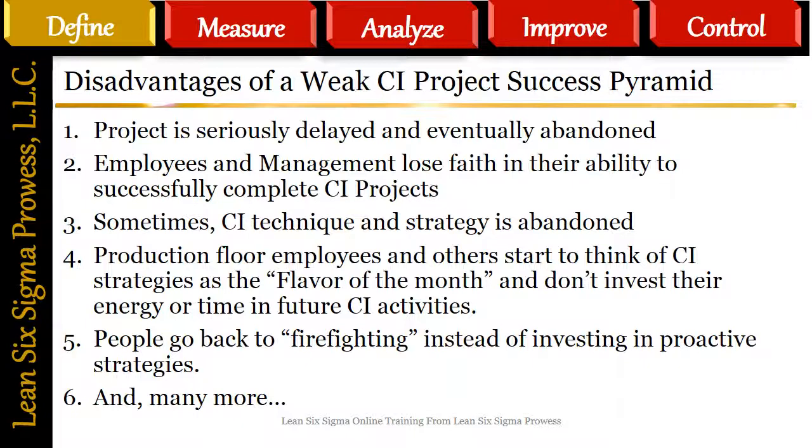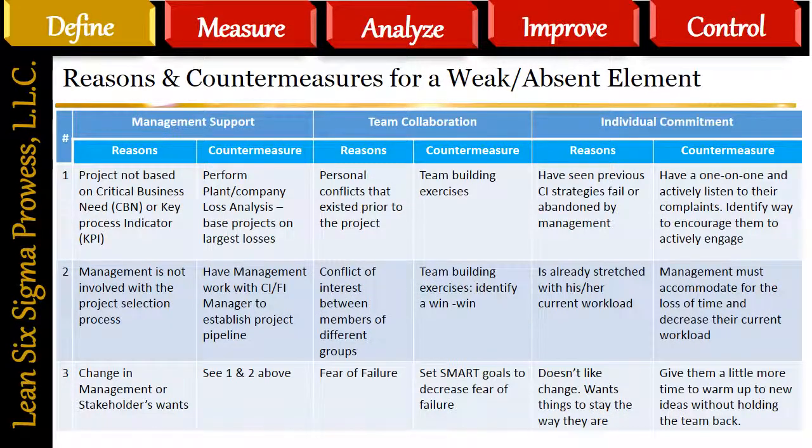Production floor employees and others start to think of continuous improvement strategies as the flavor of the month and don't invest their energy or time in future continuous improvement activities. 5. People go back to firefighting instead of investing in proactive continuous improvement strategies. 6. And many more. Reasons and countermeasures for a weak or absent element.